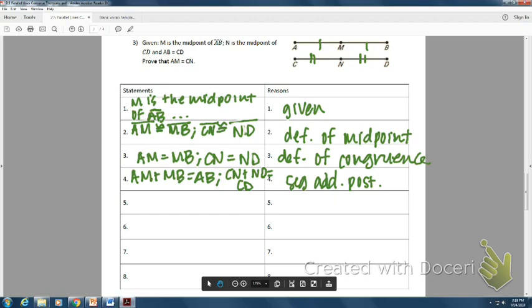CN is congruent to ND. But AM plus what? AM plus ND is equal to, did you say ND plus CN?